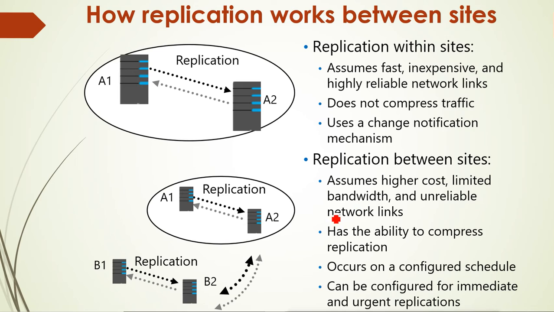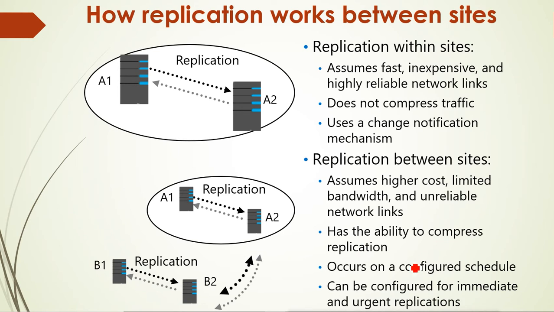We have to define the physical link, and it always assumes that this is not a fast or highly reliable link, based on the cost which we configured on the link. It then has the ability to compress the replication. So it assumes that the link is slow and is going to take time to send the replication, so it will compress the replication data also, and it occurs on a configured schedule.